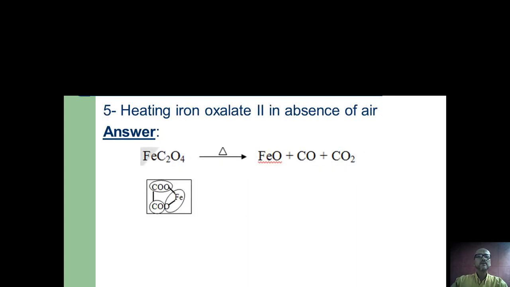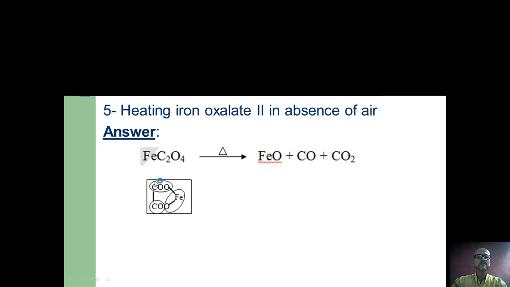Next point, heating iron oxalate 2 in absence of air. Absence of air means there is no oxygen, only one reactant, and the heating here will produce, look at the previous figure, I call it Q-Phi.